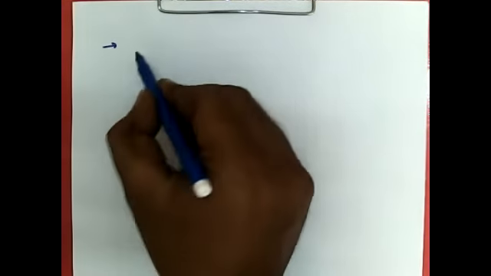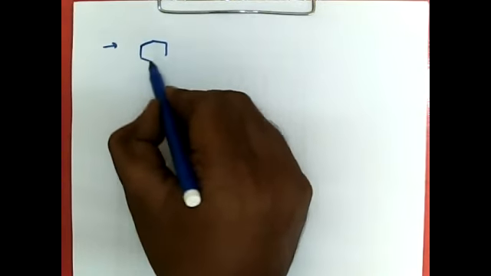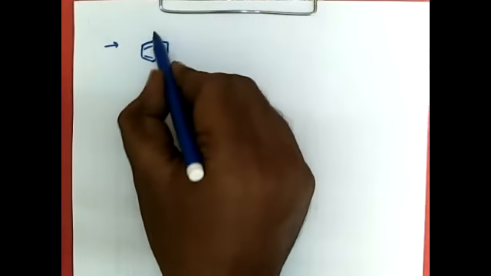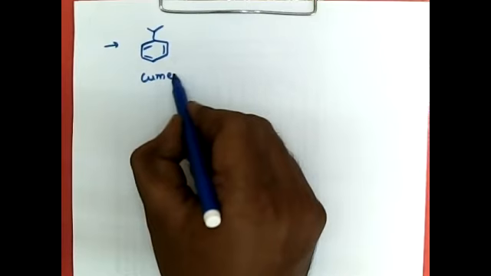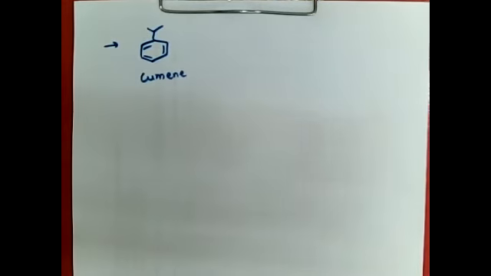I'll give you two more practice problems. It is called cumene. Isopropyl benzene is called cumene.